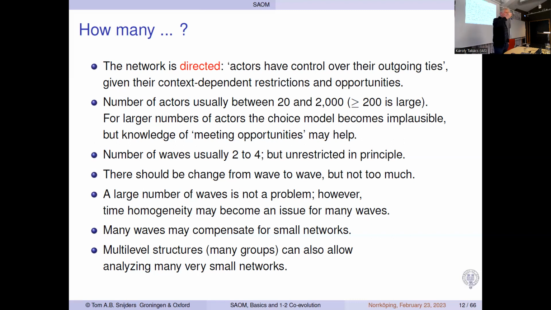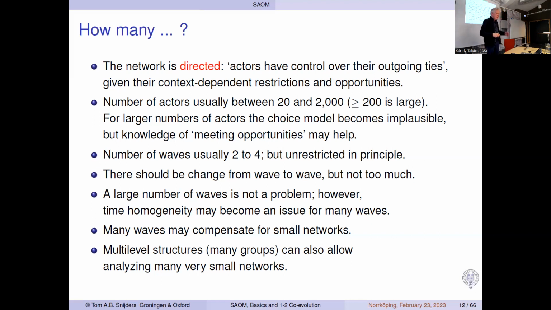And so if you think there is an actor who makes the choice, this actor is choosing between all the options of actors in the network, all ties that might be dropped and all ties that might be created, which are compared to each other. And if you think of having 200 options in mind, that is already huge, let alone more than that.